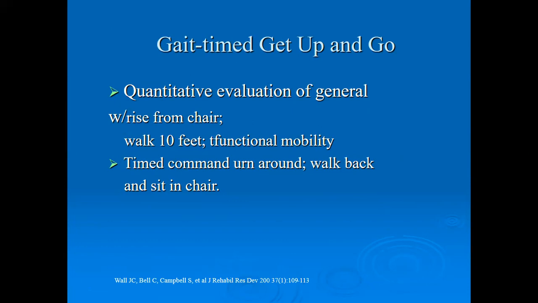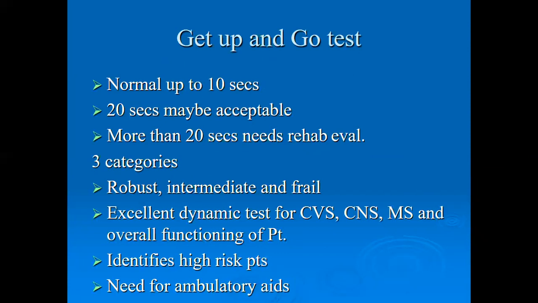For example, the patient is sitting on the couch or the chair. You ask the patient to get up and walk 10 feet, that means 10 steps, in a straight line. Then ask the patient to return, walk 10 steps back, and sit on the chair again. This is the whole command that you give to the patient, and then you time the patient.